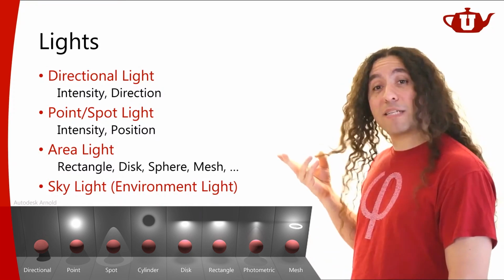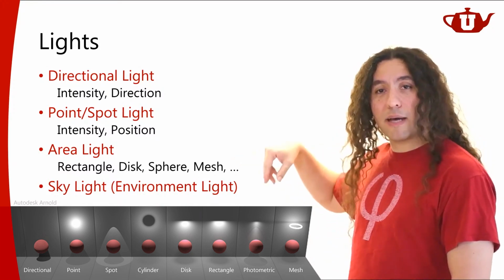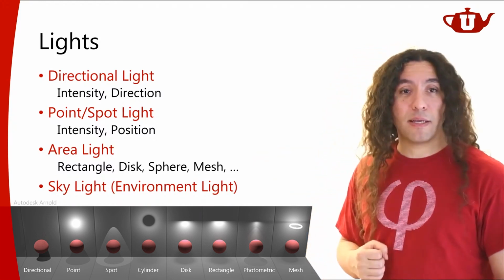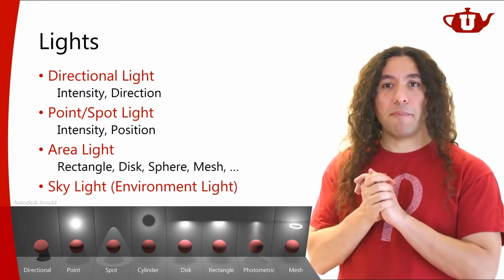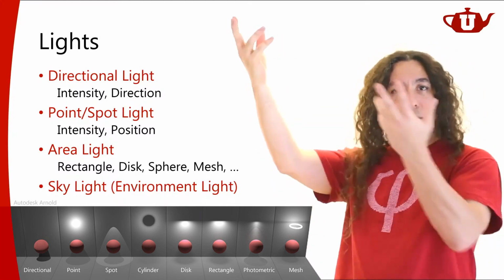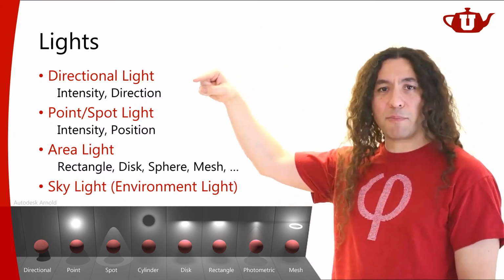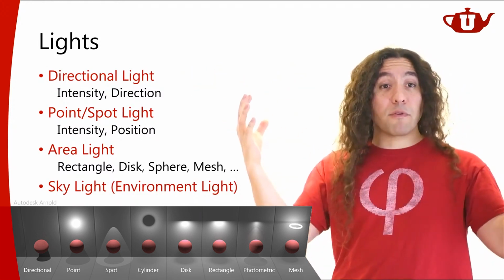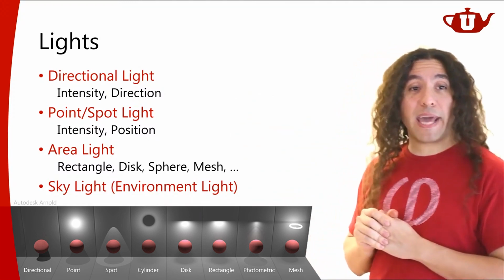The final type of light source that I'm going to talk about, that's not given as an example down here, is going to be a skylight or an environment light. Imagine that you're in a sunny day. There's sunlight, of course. Sunlight is the dominant light source, and maybe I can approximate it as a directional light like this. But there's also light coming from around me, from the atmosphere.